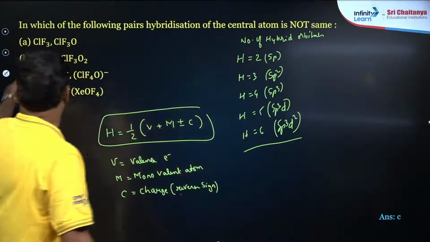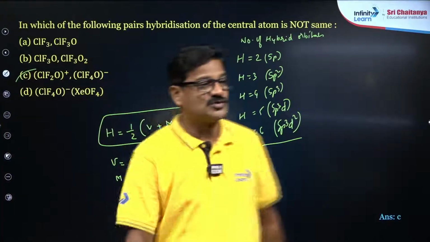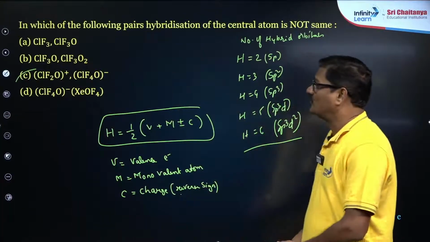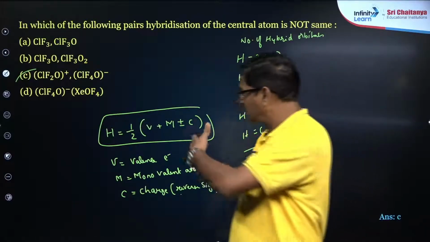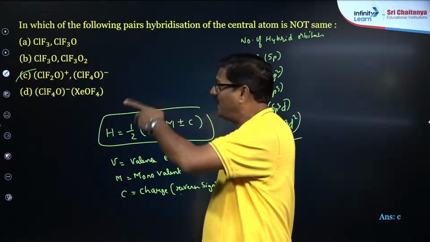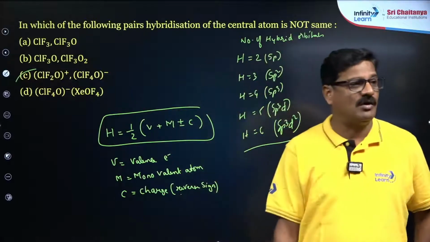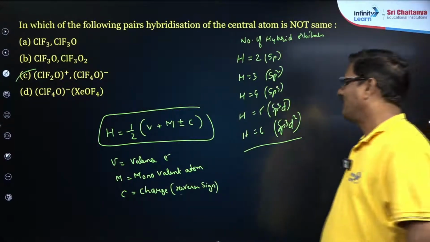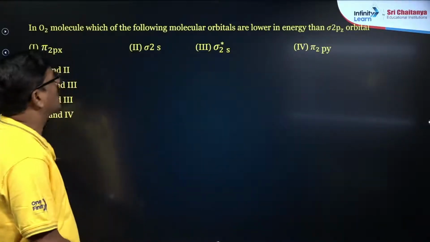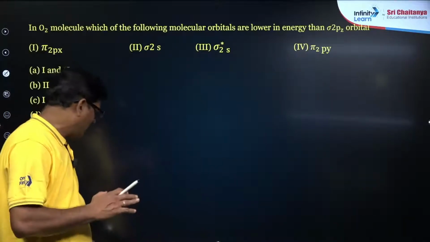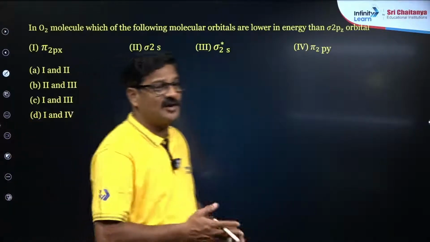It is going to be this one, ClO2 plus and ClO4 minus. It indicates the same. Without solving also you can check whether the number of atoms is the same or not. And also, in the O2 molecule, which of the following molecular orbitals have lower energy than 2pz orbital.